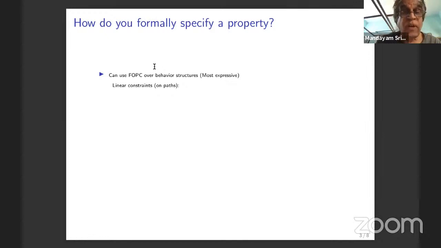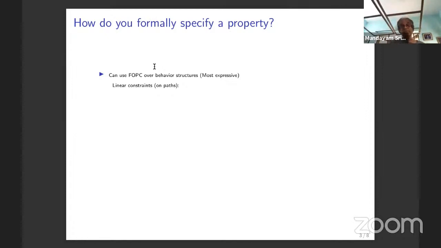One way that you could specify is to use predicate calculus over sets of paths. In first order predicate calculus you can have various structures, maybe functions and other things, and now you can have sets and traces. So you can, if you want to describe linear properties. A property is a constraint, a set of behaviors. So you can do this on paths.